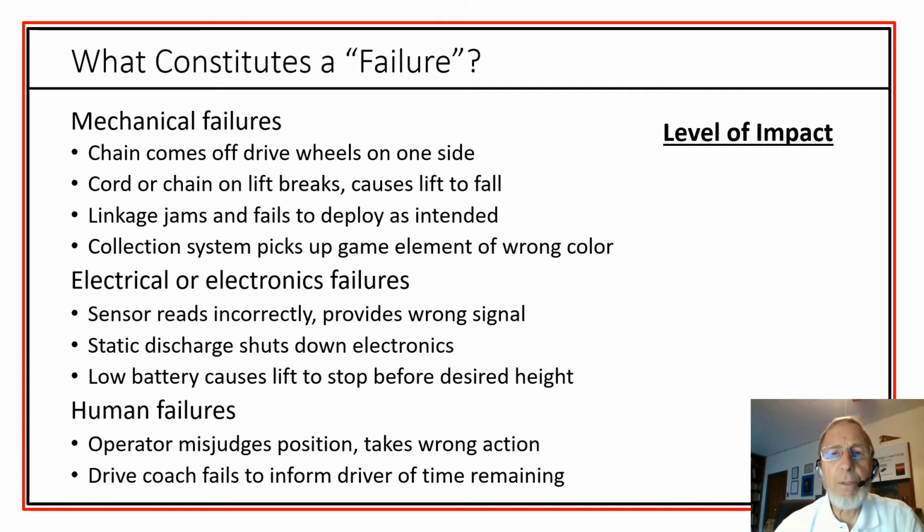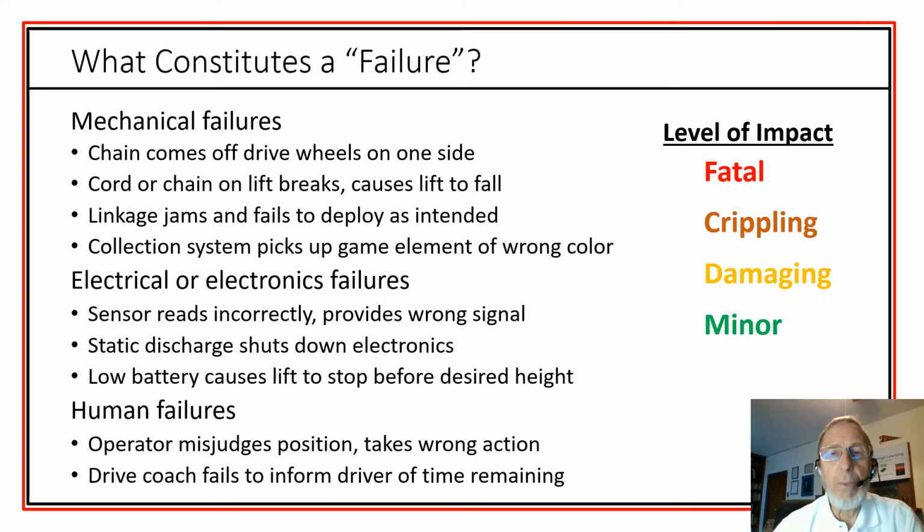And with these failures, as you notice this list, you'll see that some of them seem to be much more serious than others. So we're going to be attempting to identify for potential failures what is their level of impact, or how impactful are they. So how important is it that we avoid that kind of failure?